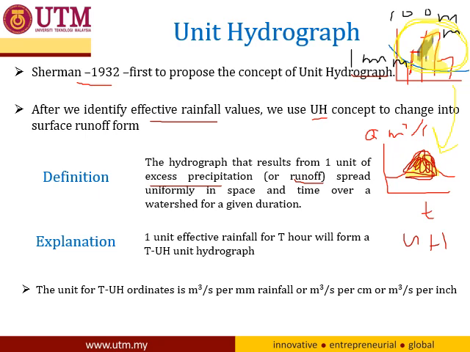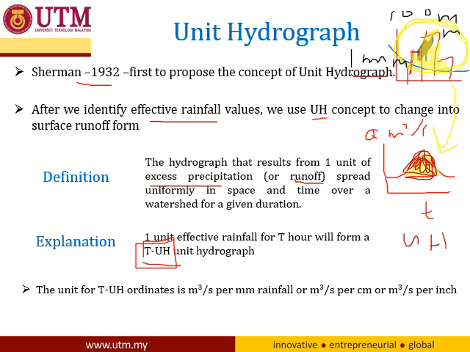effective or excess precipitation. When you write down the unit hydrograph description, like here, T unit hydrograph, TUH, T means the duration of the effective rainfall. So where is the duration of the effective rainfall?